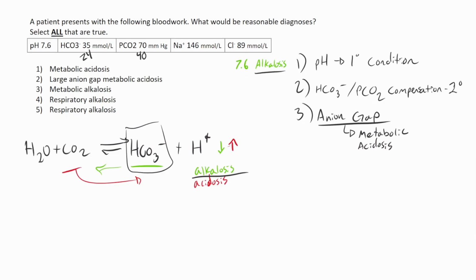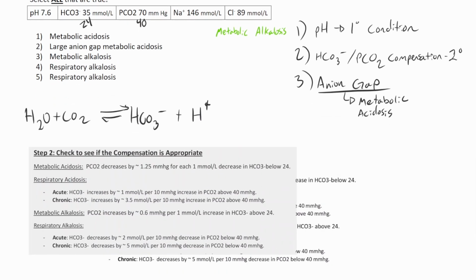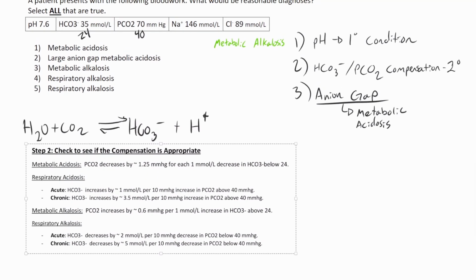So, in this case, let me get rid of these boxes and underscores. We have metabolic alkalosis. Number two, we need to check compensation. I'm going to pull something out of our lab that is given whenever we have problems like these, and it's the compensation values. We are looking at metabolic alkalosis. We should expect an increase of 0.6 CO2 per 1 increase of bicarb.